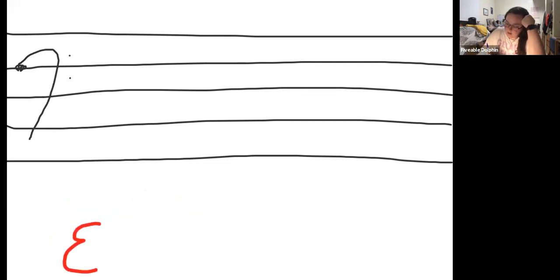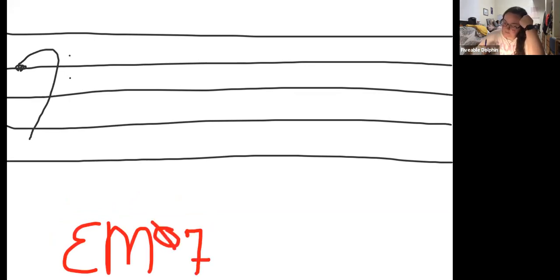E major, half diminished, seventh. Okay, so our first note, if we are in E, we're starting with E, and we're in bass clef.